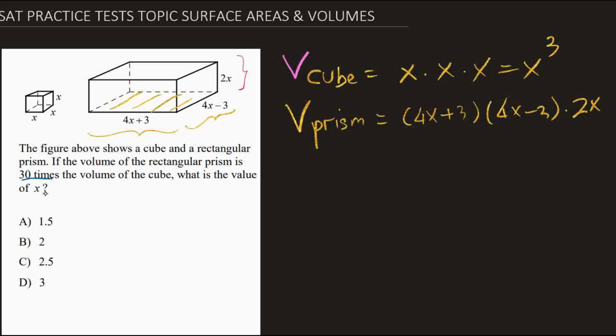Now it says that volume of prism is 30 times volume of cube.